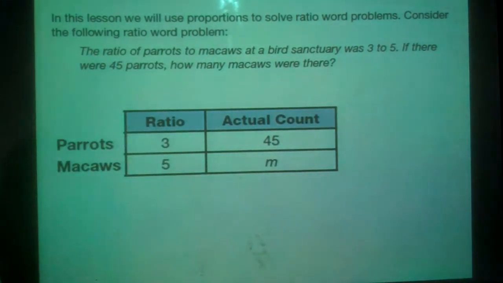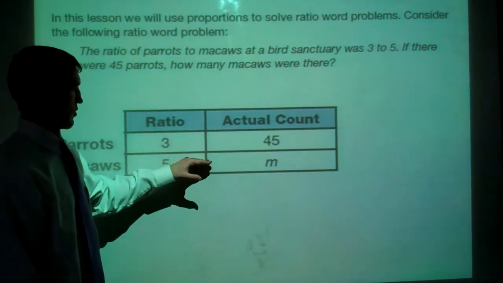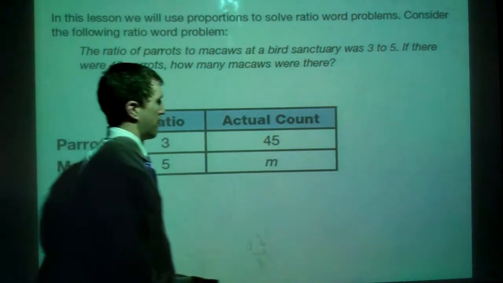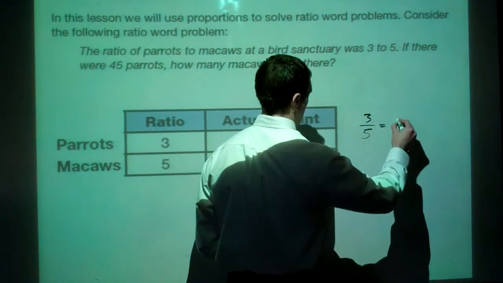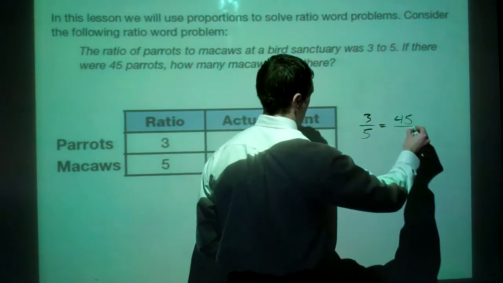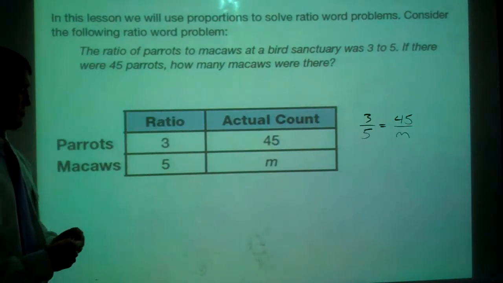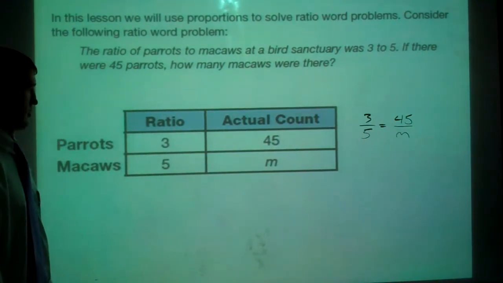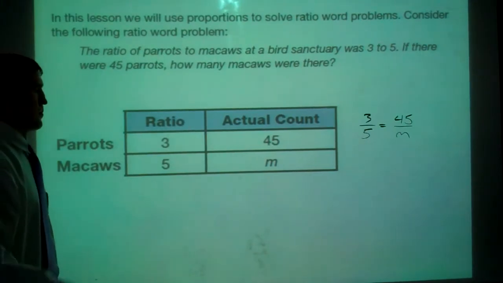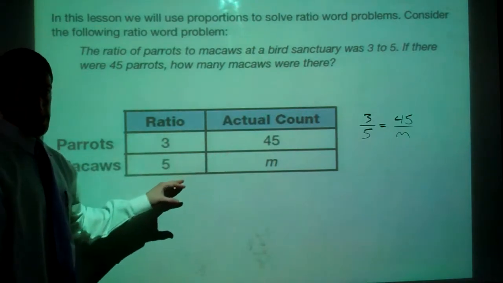So now what we can do is we actually have a proportion set up. We can take 3 over 5 and set that equal to 45 over m. And at that point we have some options. You don't need to set it up outside of the ratio box if you don't want. You can just think of it as a proportion in the box, that's fine.